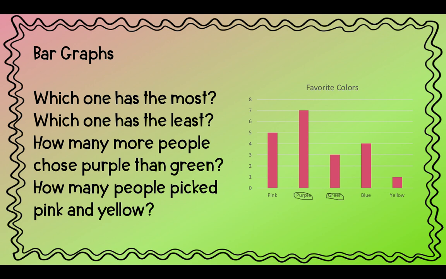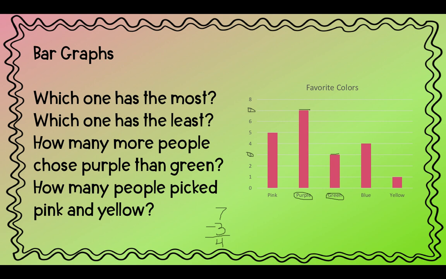So I see the purple bar goes all the way up to here and that it's in line with the number 7. Then I see that my green one goes up to here and it's in line with the number 3. So if I go 7 minus 3, that will tell me how many more people liked the purple. 7 minus 3 equals 4. 4 more people liked purple.